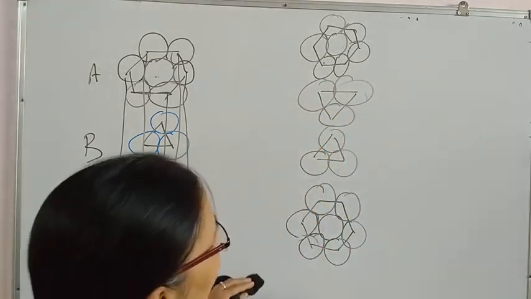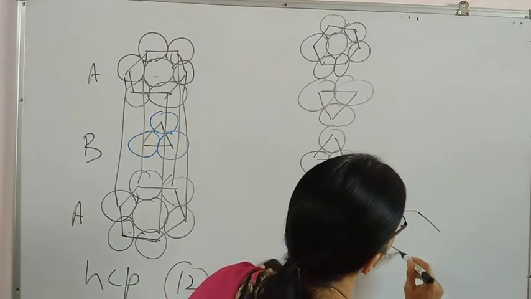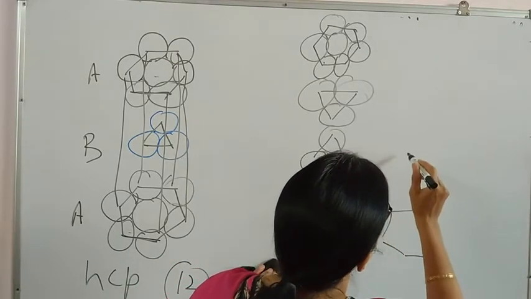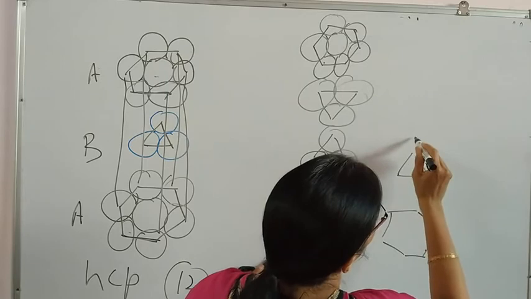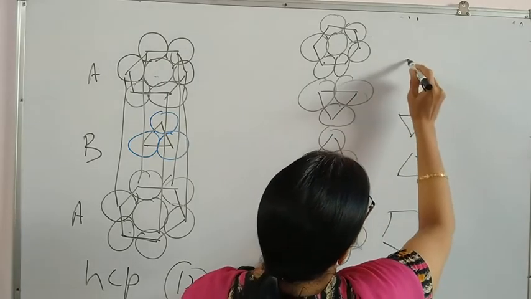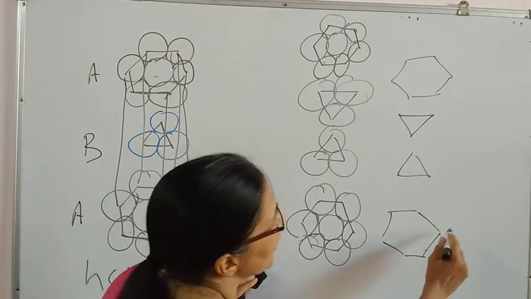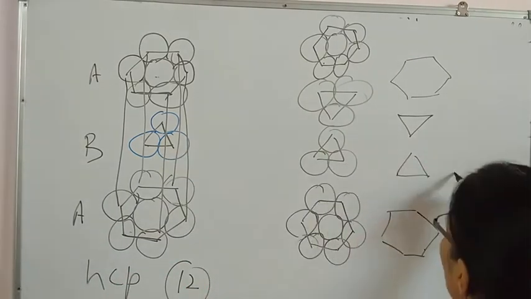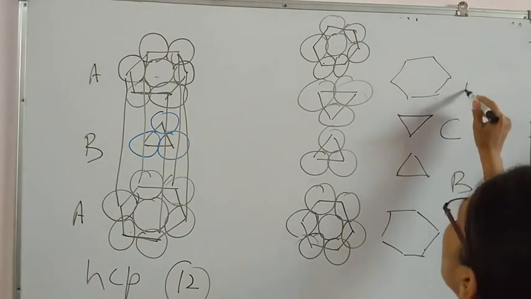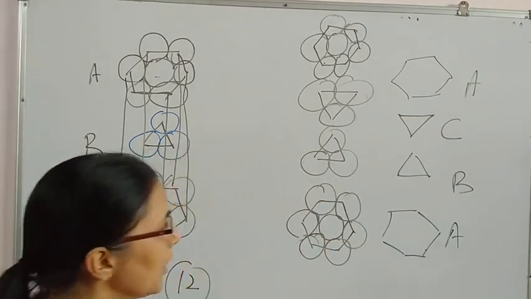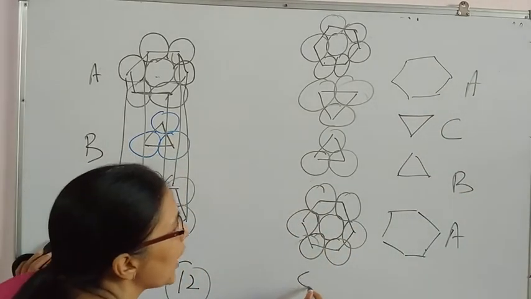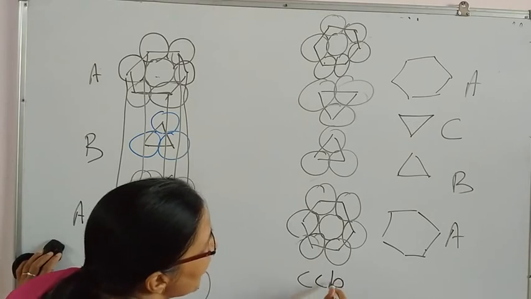So in this manner, 3 layers. If I draw only the centers, then A arrangement, B arrangement, C arrangement, again A arrangement. This arrangement is known as cubical close packing.